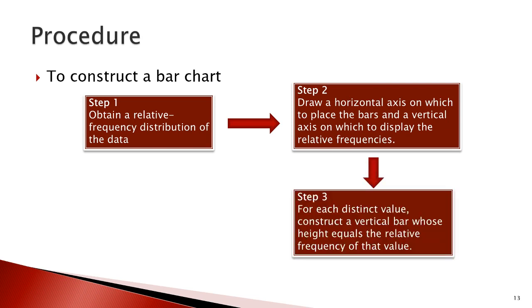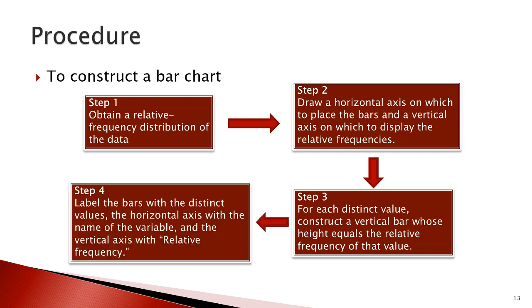Next, for each distinct value, construct a vertical bar whose height equals the relative frequency of that value. And finally, the fourth step, label the bars with distinct values, the horizontal axis with the names of the variable, and the vertical axis with the relative frequency. Those are the 4 steps that we should follow to construct a bar chart.